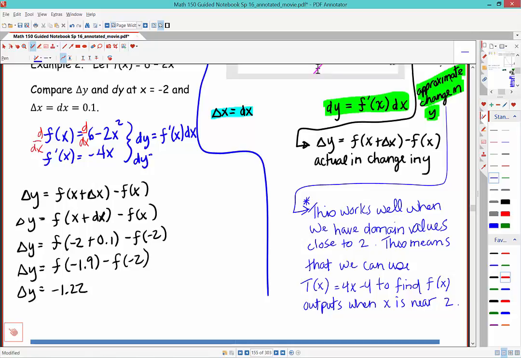So dy will equal f prime at -2 times 0.1, and we'll get dy is equal to, let's see, f prime at -2 would be +8, and 8 times 0.1 is 0.8. So there you have it, the approximate change in y.